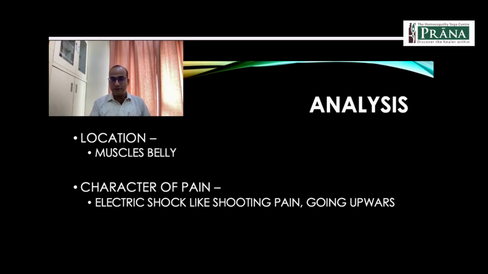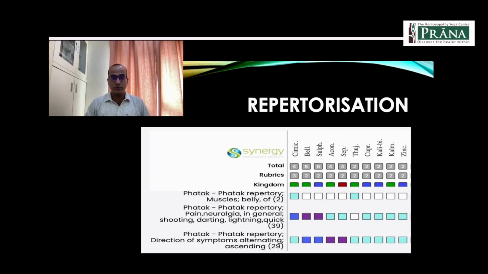When we try to repertorize it, I repertorized this case from the Phatak repertory. For location, I took the rubric muscles belly. The second rubric is the kind of pain he is having: shooting, darting, lightning kind of pain.